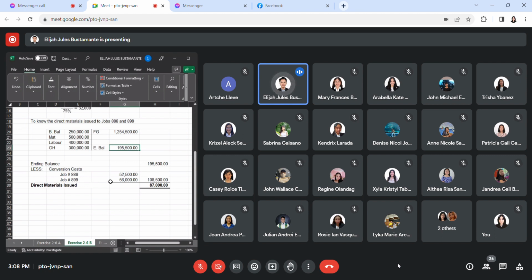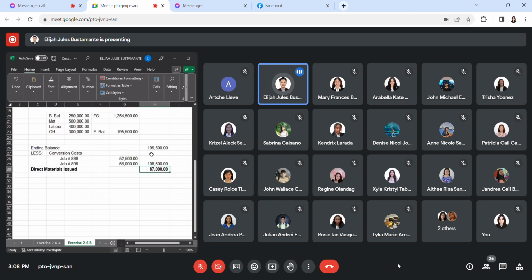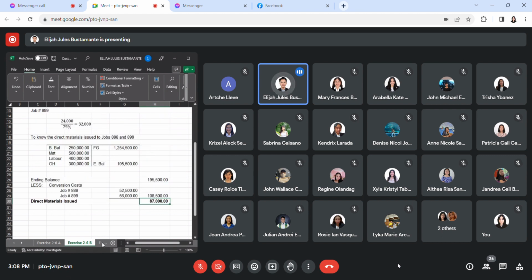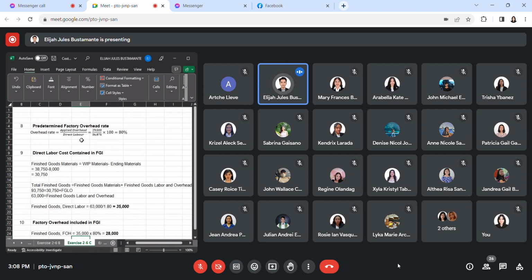So ang conversion cost is labor plus factory overhead. So 195,500 subtracted by 108,500 mao siya ang the direct materials issued. And then so moving on to 2-6 letter C.